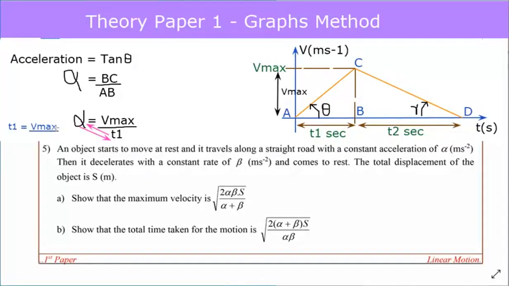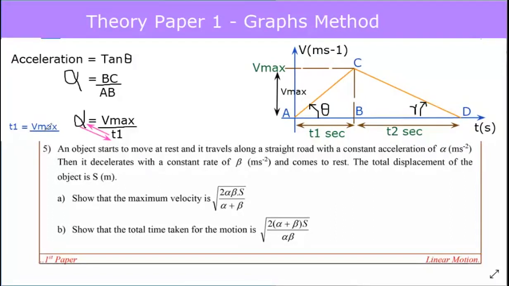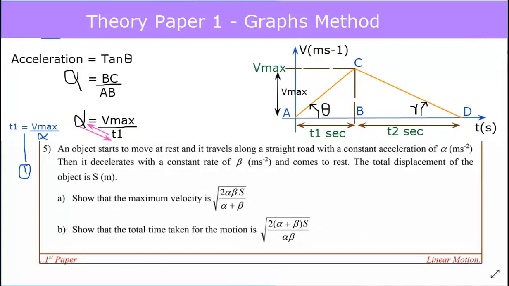Yes, sir. Right. Thank you. I'm very happy when students reply to me, right? So let me mark this as the first equation: T1 equals V max over alpha. Write them all here, and similarly write the same expression for deceleration. Write them all, draw the graph.